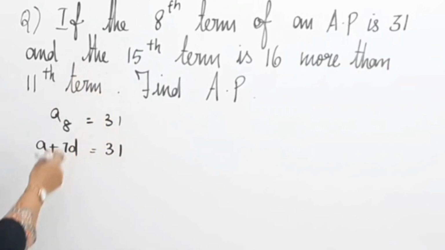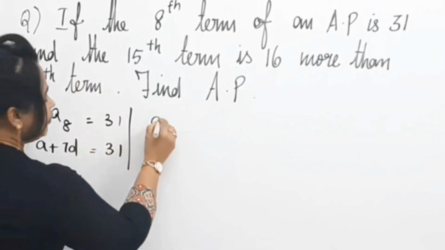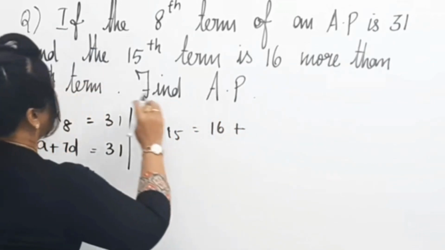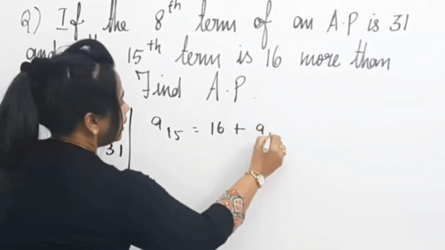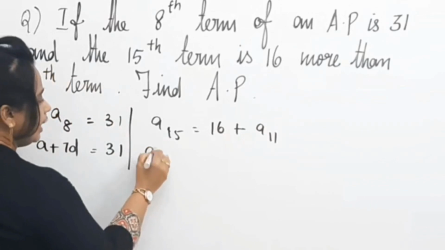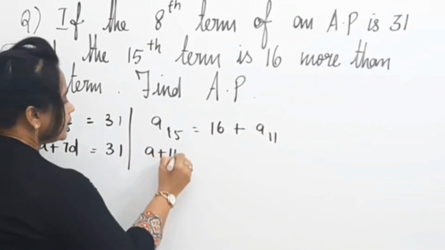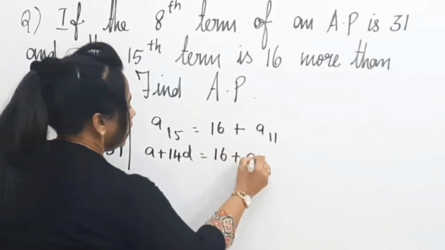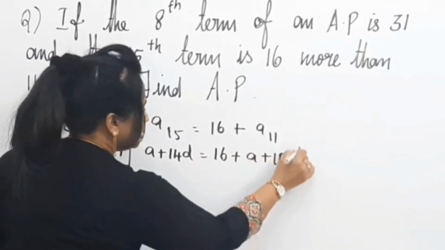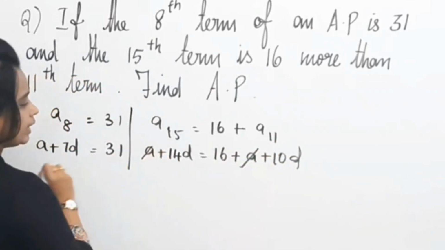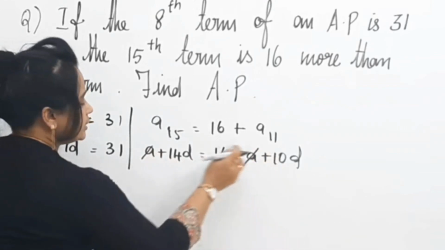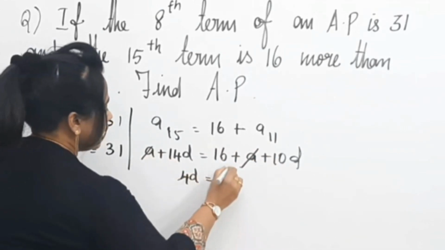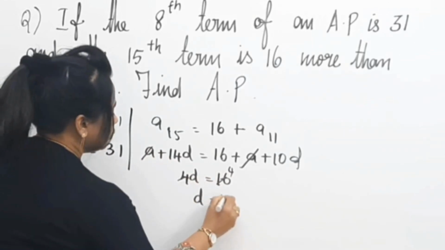And the 15th term, that is a15, is equal to 16 more than the 11th term, that is a11. So a15 can be written as a plus 14d is equal to 16 plus a plus 10d. So a can be cancelled. So 14 minus 10 is 4d is equal to 16. So d is equal to 4.